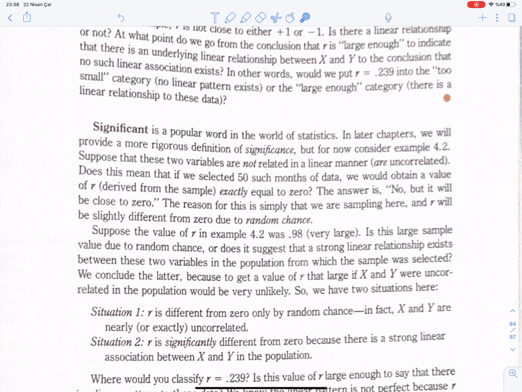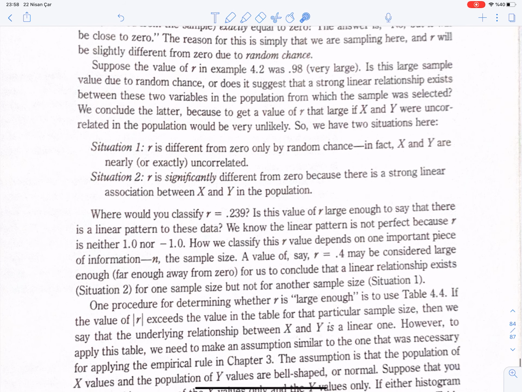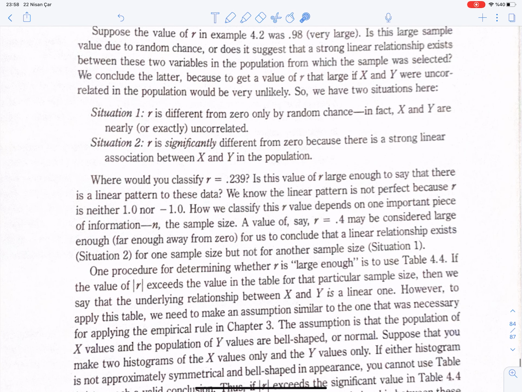Significant is a popular word in the world of statistics. We mostly use it: if the difference is important, we call it significant. So this is a standard term statisticians always use.